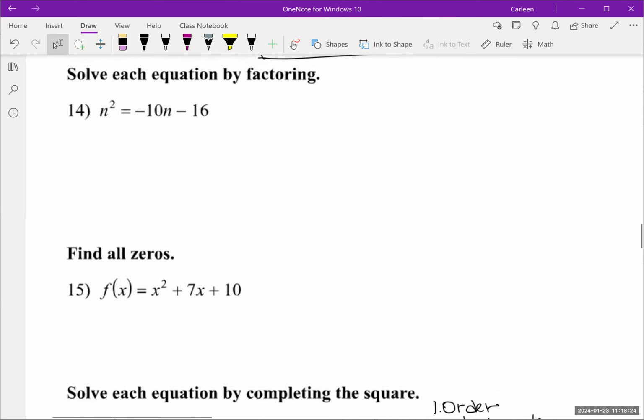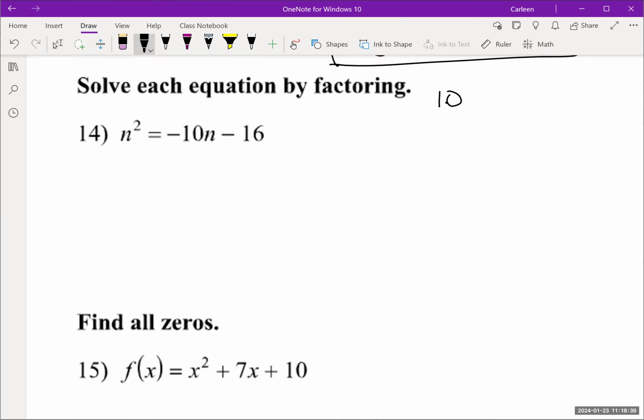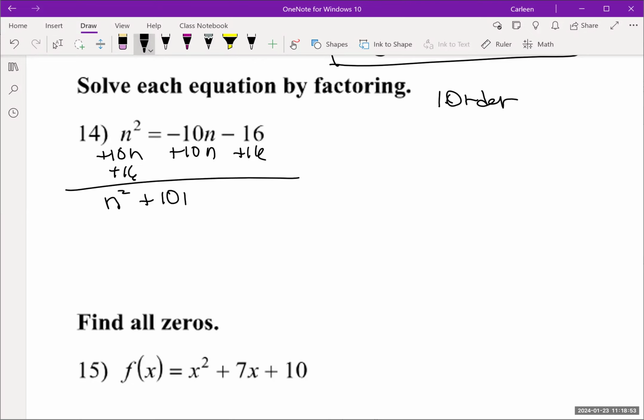Okay, how do we solve by factoring? First of all, put them in order, standard form. Add 10n and add 16 equals 0, kind of looks like a face.